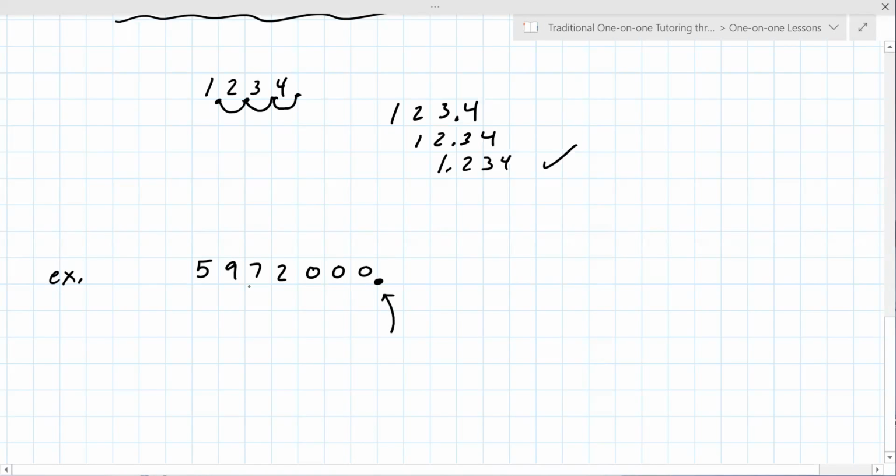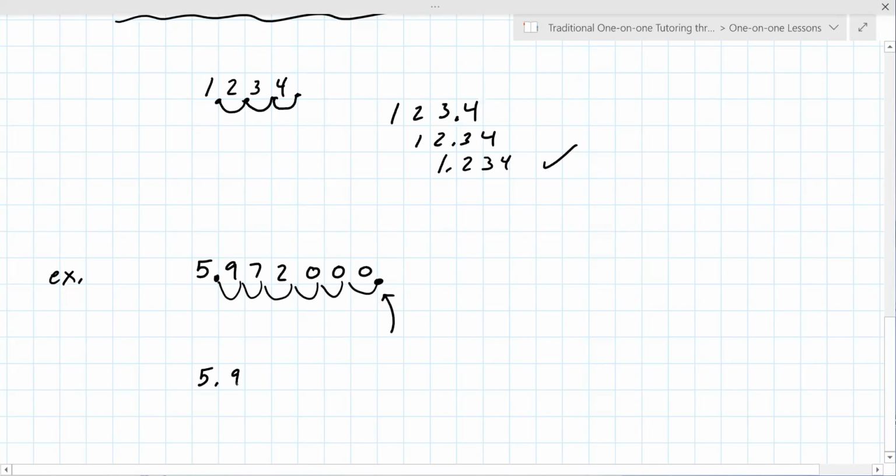So basically you move it until you get down to that last digit. The decimal point would be right before the 5. Yeah, like right there. And then you write everything after.